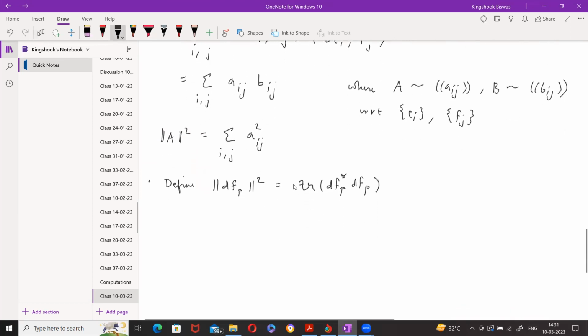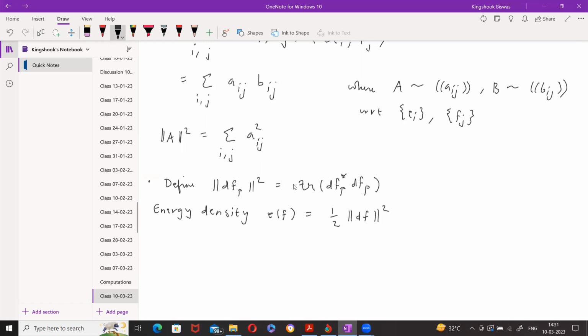And now we define what's called the energy density of f. So this is a function, written e(f). This is half the norm of df squared.